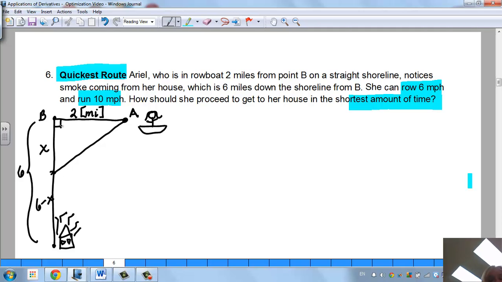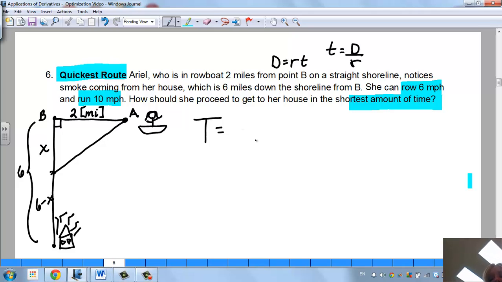But first, let's set up what we want for time. This is going to have 2 legs in our journey. Before I do that, we have to remember that distance equals rate times time. If I divide by r on both sides, time equals distance over rate.